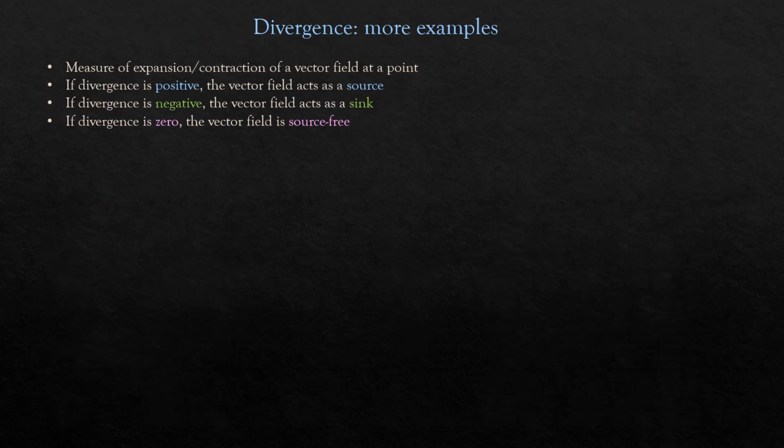Let's discuss some examples of divergence and also some of its properties. You can think about divergence as a measure of expansion or contraction of a vector field at a point. Once we compute this function, if divergence is always positive, we say that the vector field acts as a source.